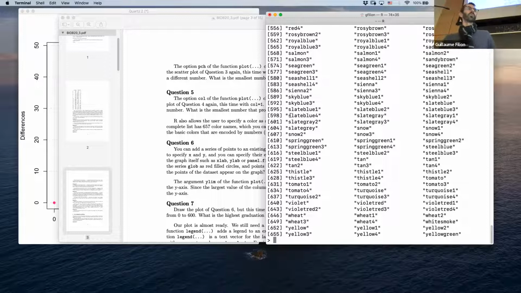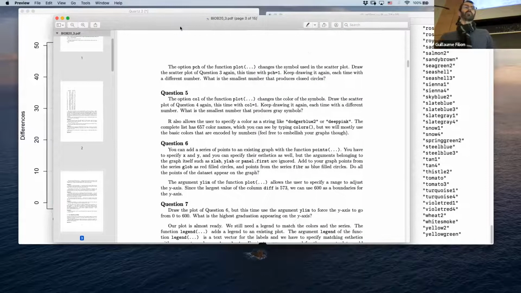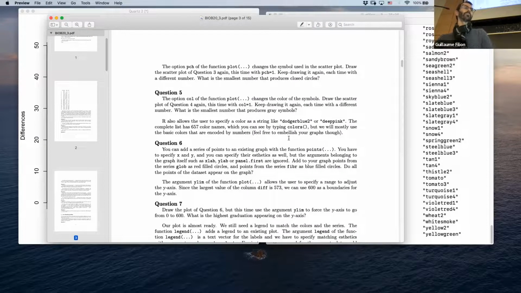Okay, so basically you have plenty of options if you like colors. So we will mostly use the basic colors that are encoded by numbers, so 1, 2, 3, 4, 5, 6, 7, 8. But feel free to embellish your graphs if you want. Okay, you'll never be penalized at the exams or at anything for using plentiful colors.